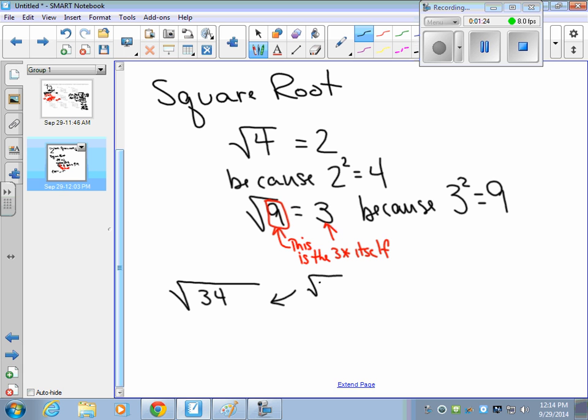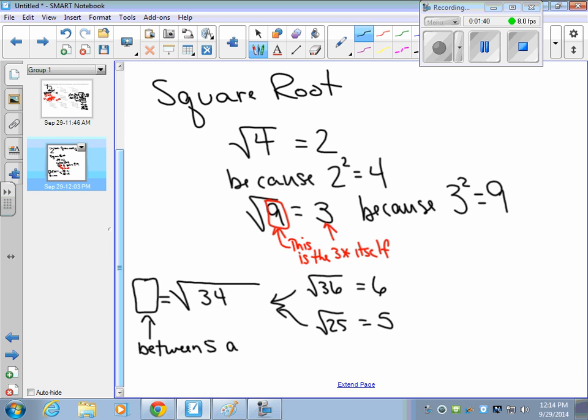So for example, I know the square root of 36 is 6, and I know the square root of 25 is 5, which means that whatever this is, it must be between 5 and 6. So probably closer to 6 because the number 34 is much closer to the number 36. So that's one way of estimating. So that's what they're talking about when they're talking about square roots.